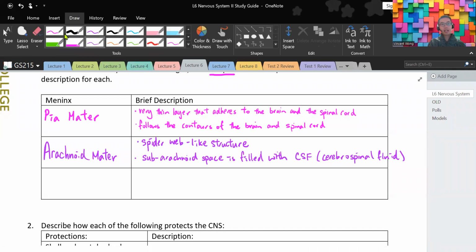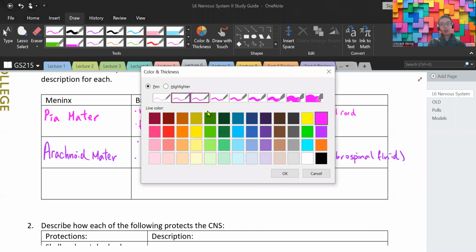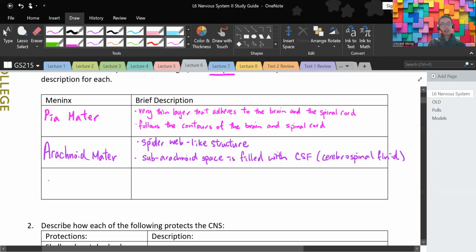And outside of that, the outermost layer is going to be the dura mater. Dura is durable, it's very tough, fibrous connective tissue.